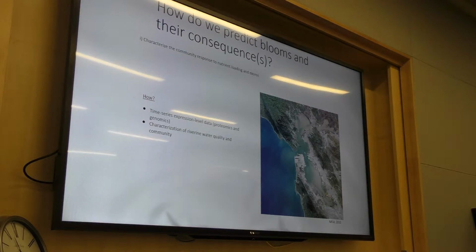So I'd be able to characterize the biological response from the bay into the river up to the tributaries to get a kind of source to sink understanding of what conditions are primed and ultimately lead to bloom development.